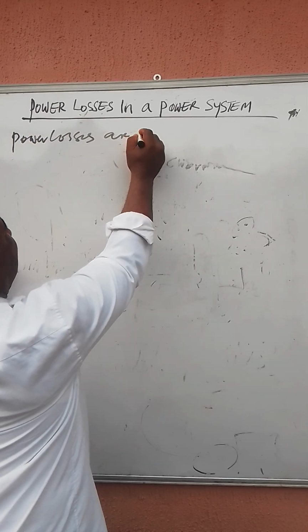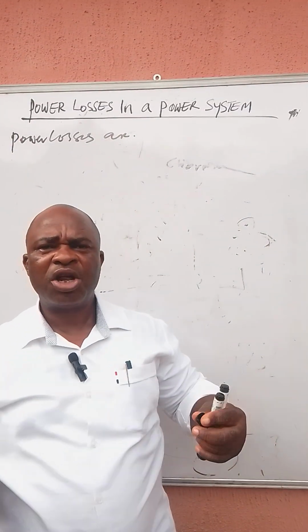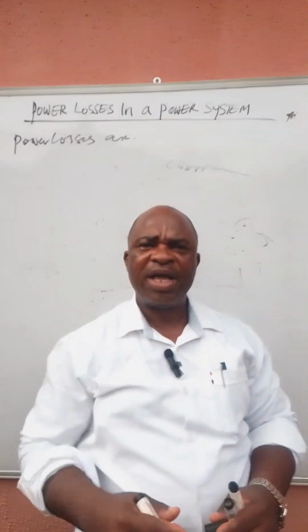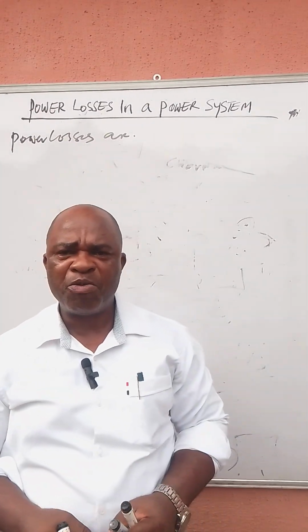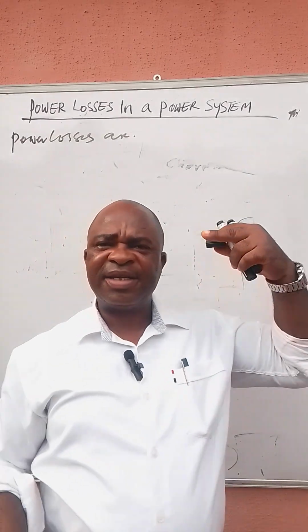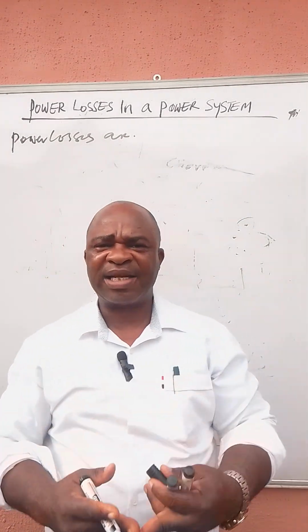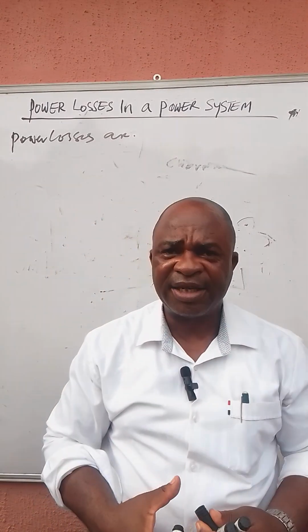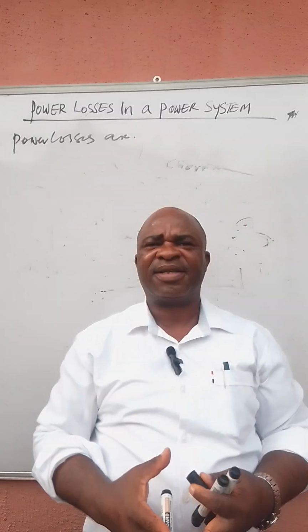losses are. So, power losses are those losses that occur in our power systems and electrical equipment when electrical energy is generated, when electrical energy is transmitted, when electrical energy is distributed and utilized.